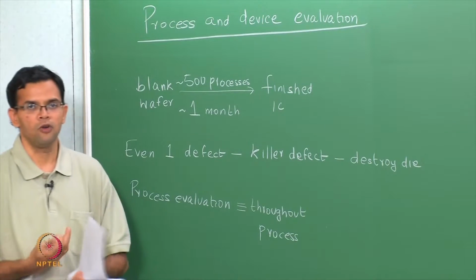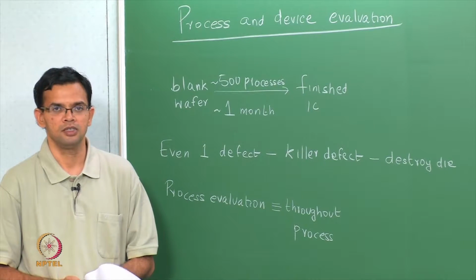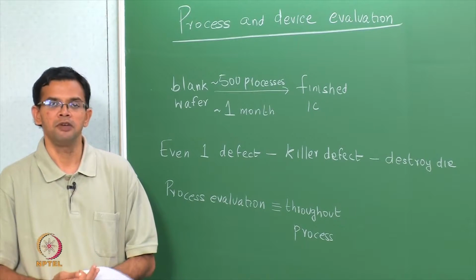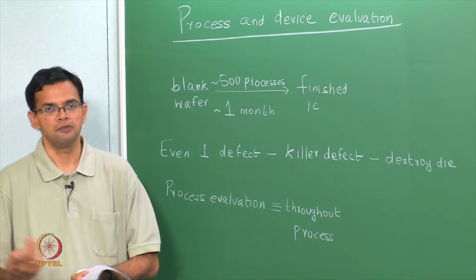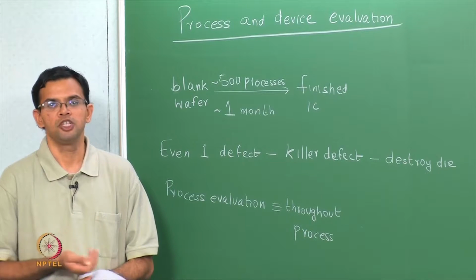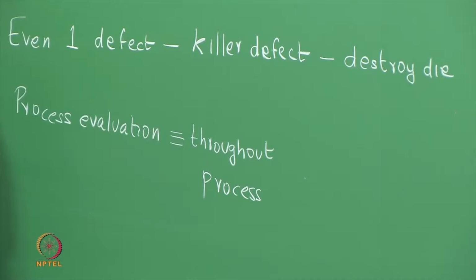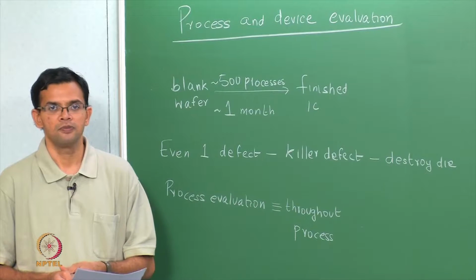And this is sort of obvious, because if you have approximately 500 processes and we do not do an evaluation and the end product is bad, it is very hard to go back and pinpoint which of the processes is essentially bad. So, process evaluation is done throughout. So, after each and every step it is carried out.